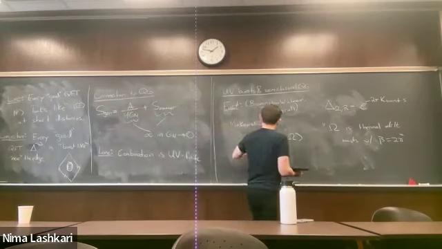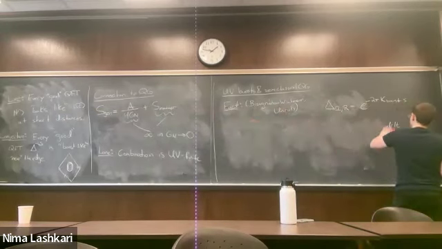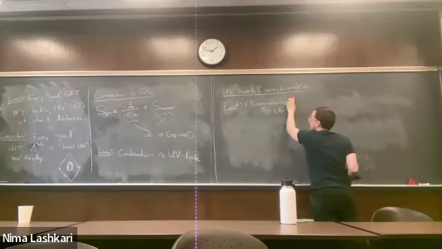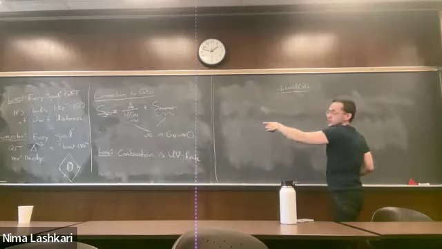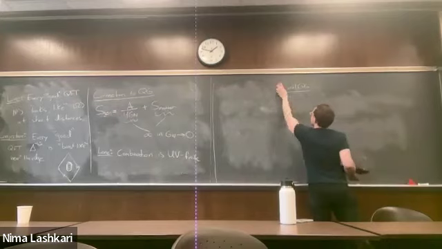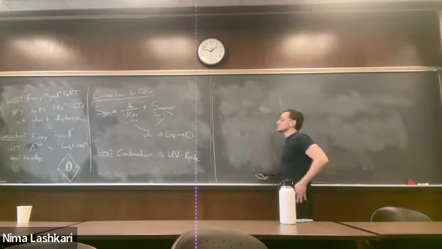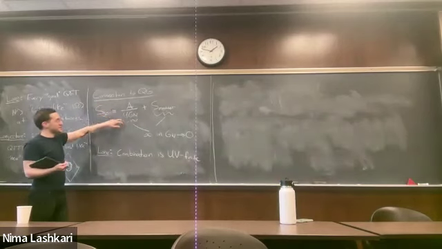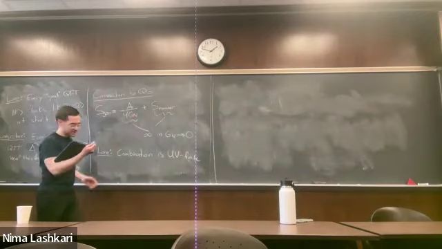Good question. Yeah. There are divergences even when G Newton is finite. You're saying the one loop renormalization of G Newton? Yeah, that just takes longer to explain. Indeed, if you try to treat gravity as a field theory, then this is a bare parameter that ends up being infinite and has to be renormalized.